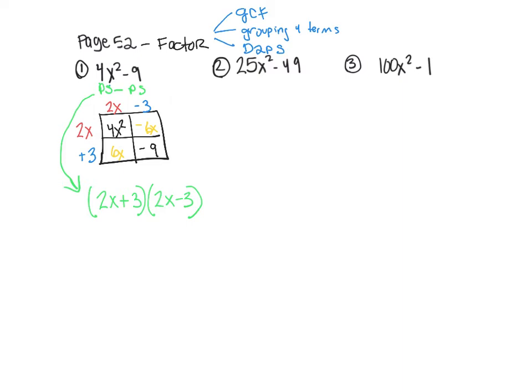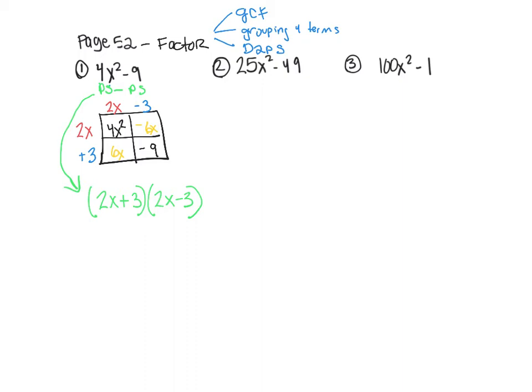Now, some people may very quickly see the pattern and think, I don't need that box method to help me do that. I'm able to do that on my own, and skip that and just go straight to the answer. And whenever you feel comfortable, go ahead and do that. And if you feel like the box always helps you visualize, you can always use the box. So I'm going to look at my next one here.